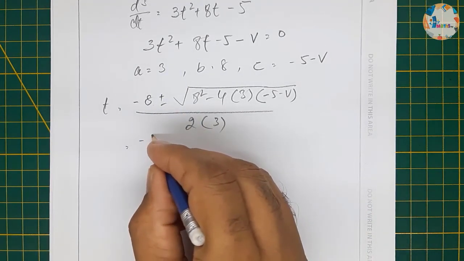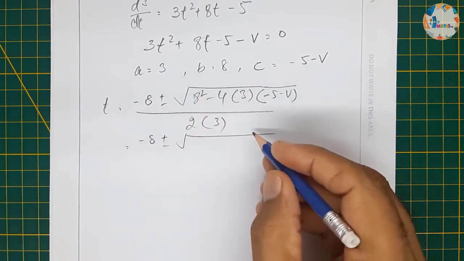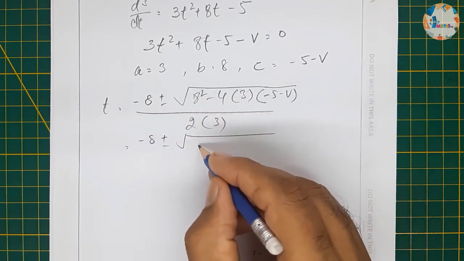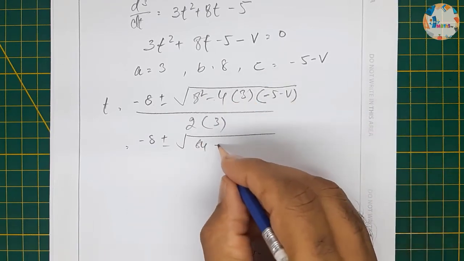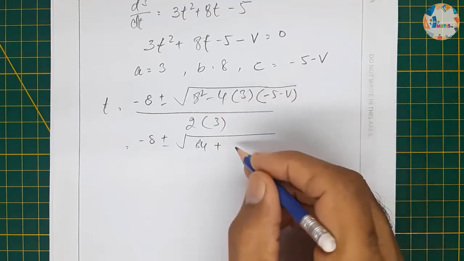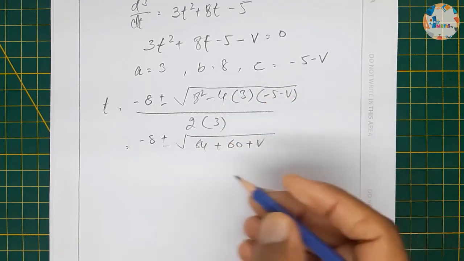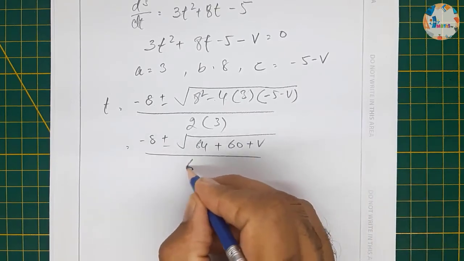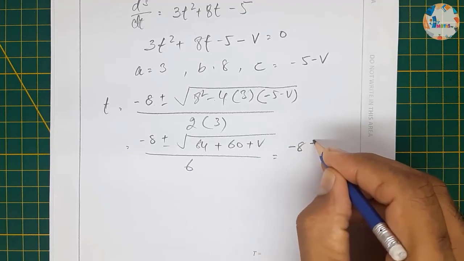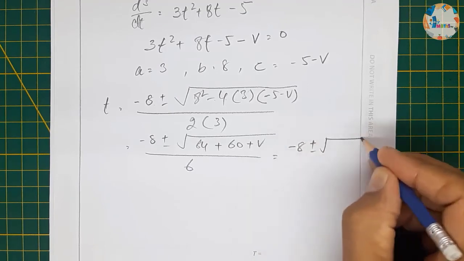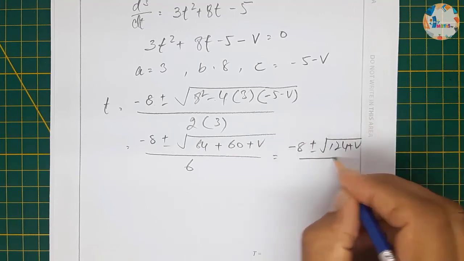This will be -8 plus or minus the square root of 64, and this into this will be plus. So plus 12 into 5 will be 60, and plus 12v over 6. And we can rewrite this one as -8 plus or minus the square root of 124 plus 12v over 6.